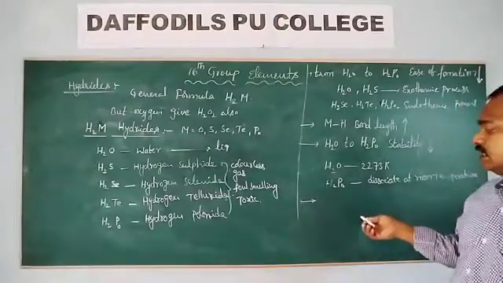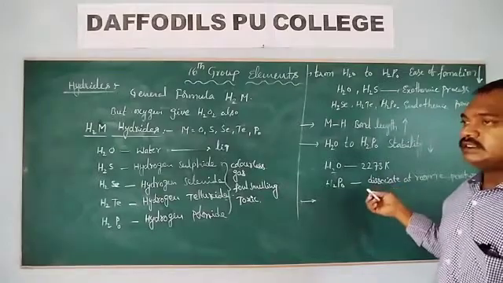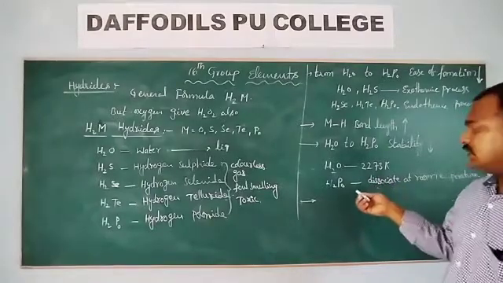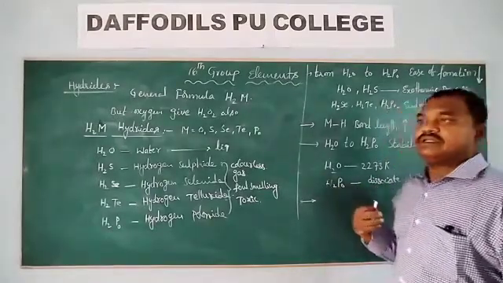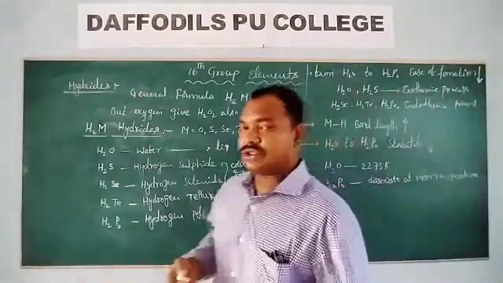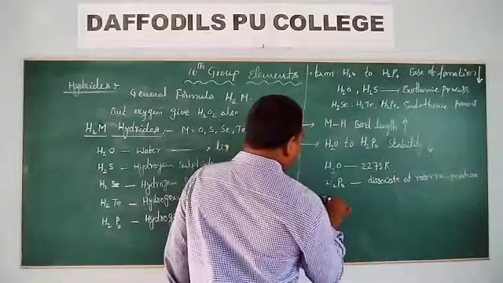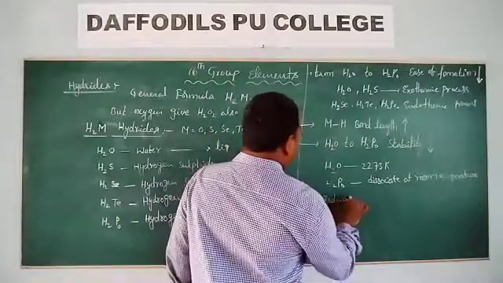So, which thing easily dissociates? H2Po dissociates easily. Hence, H2Po releases hydrogen easily. So, the good reducing agent is H2Po. So, all are reducing agents.